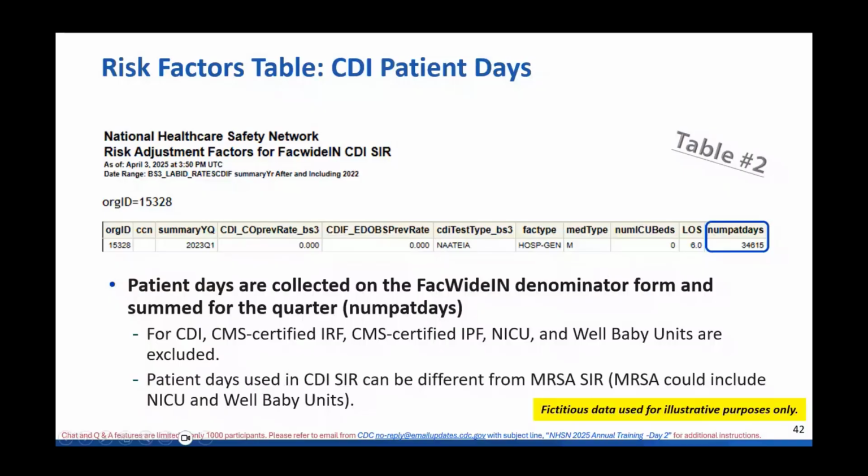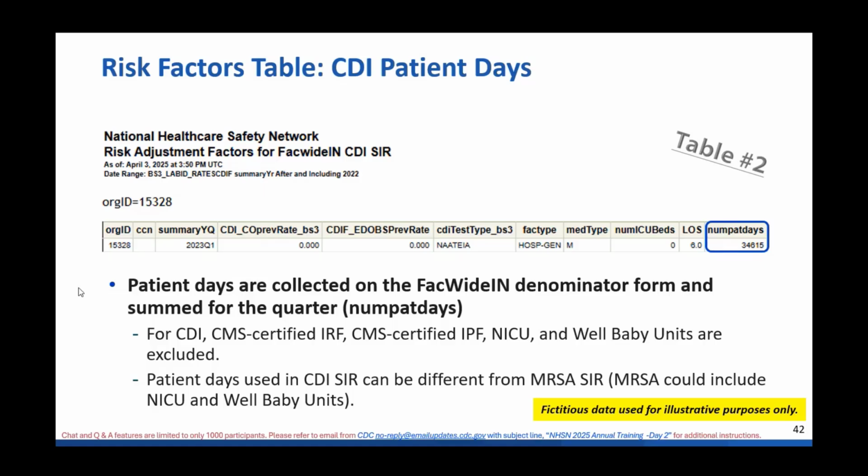And the last column that's included in the risk factors table is the number of patient days. This is calculated on the FACWIDE denominator form and summed for the quarter. So for CDI, patient days from CMS certified IRF units, IPF units, NICU, and well baby units are excluded from the CDI patient day count.